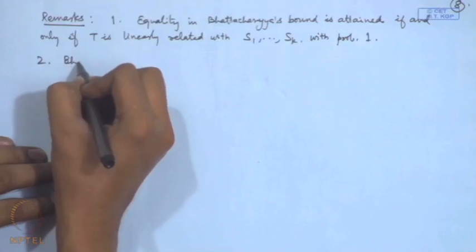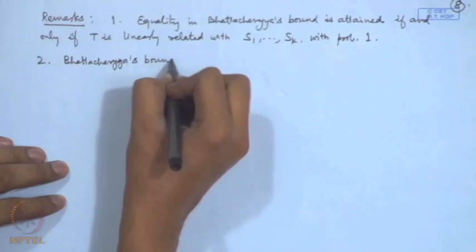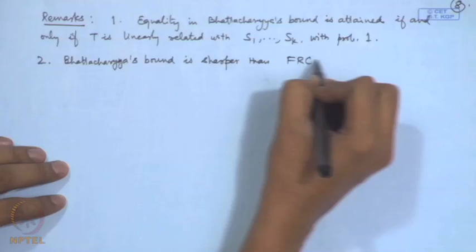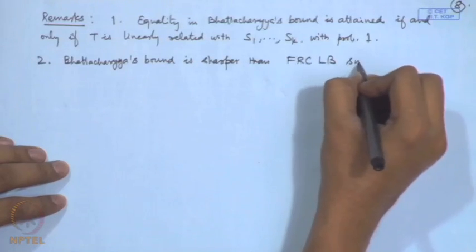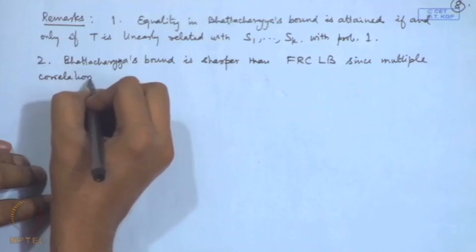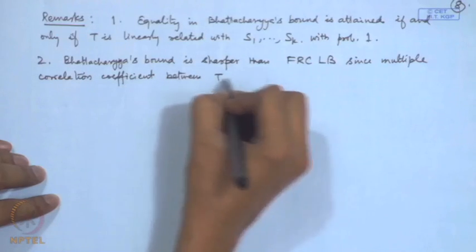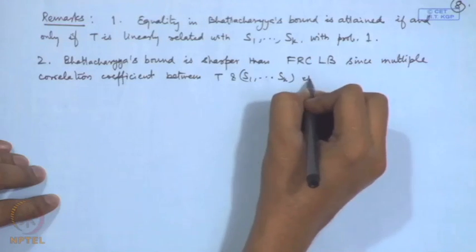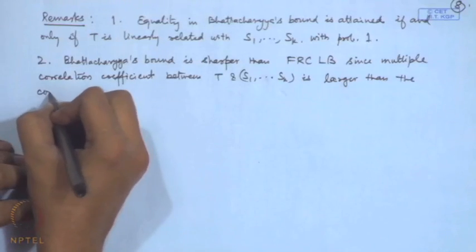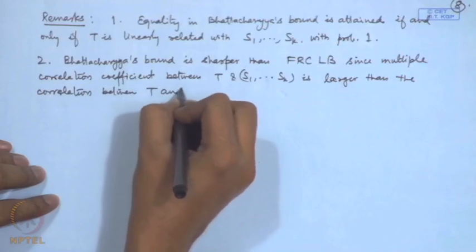So, we can say in general that Bhattacharya's bound is sharper than the FRC lower bound, since the multiple correlation coefficient between T and S1, S2, up to Sk is larger than the correlation between T and S1.